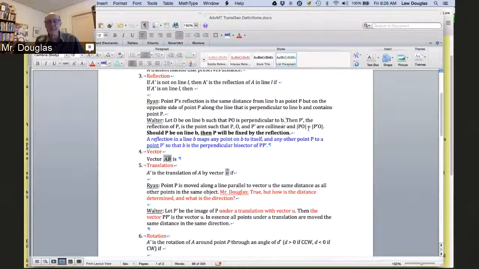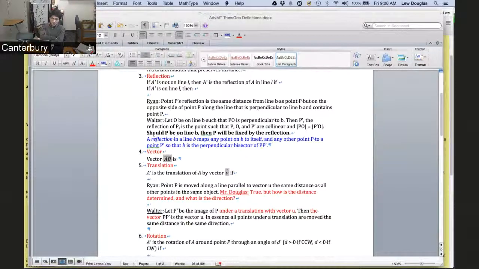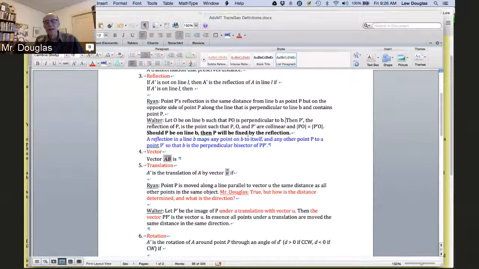I think that was really an important part of it. And by these absolute value signs, you mean distance, right? Walter, is that your usual convention, that if it has the absolute value signs, it means distance, and if it doesn't, it means the segment? Yeah. Okay.